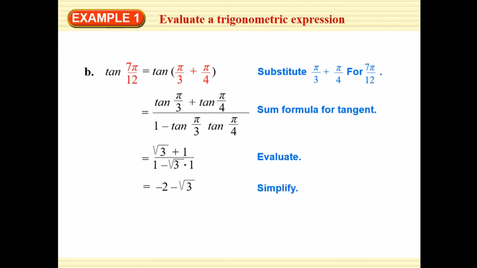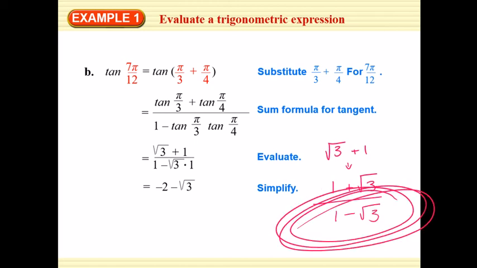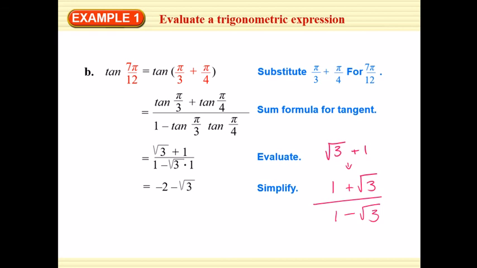And what they do to simplify this, this is radical 3 plus 1, which the numerator, for the record, is the same as 1 plus radical 3. And then in the denominator, I get 1 minus radical 3. And we do not like radicals in the denominator, so I need to multiply by our conjugate, which is 1 plus radical 3 over 1 plus radical 3.